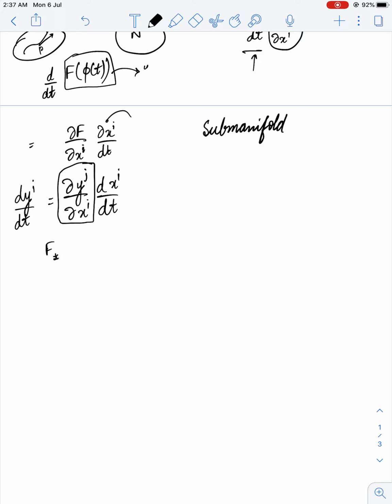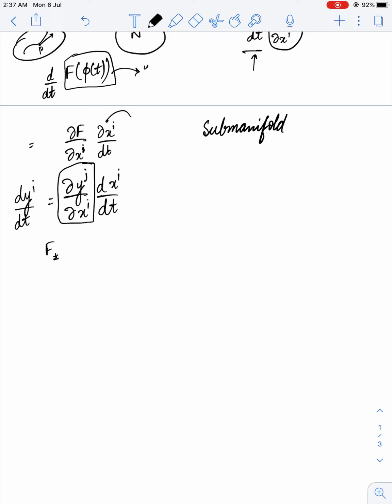Basically, submanifold is, you have a manifold, and if you can somehow give some of the coordinates differentiably in terms of other remaining coordinates, you get a submanifold.